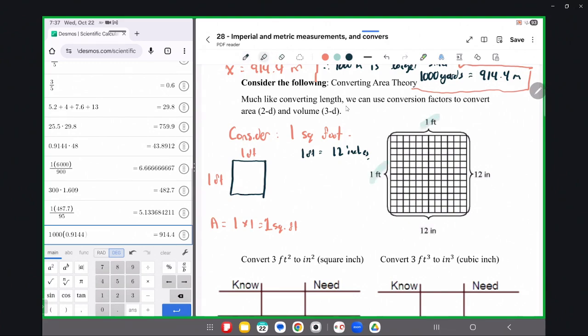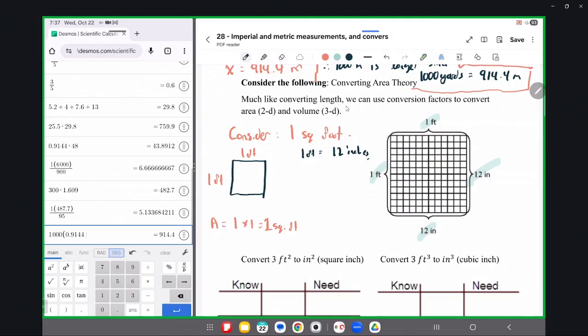So here I started off with my square foot, and now I claim that since 1 foot is identical to 12 inches, I can rewrite 1 foot times 1 foot as being exactly the same as 12 inches times 12 inches. And if I want to find the area of this, the area is still done the same way.